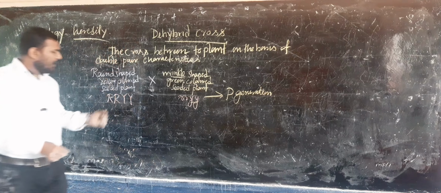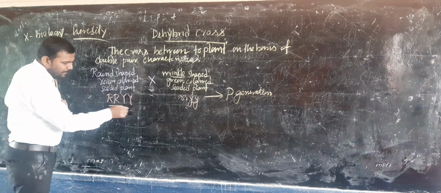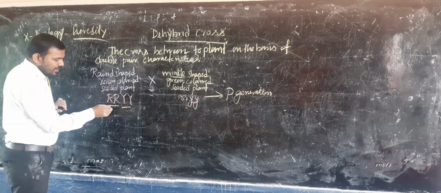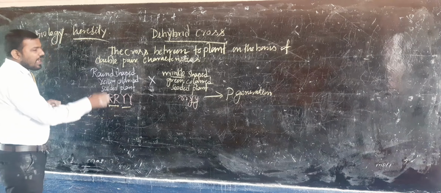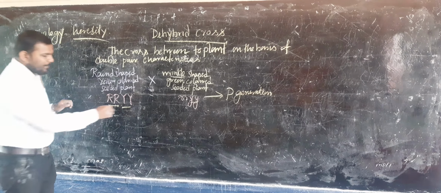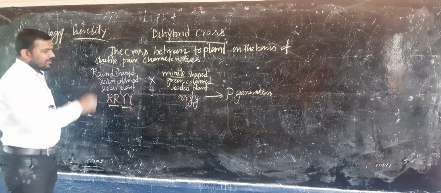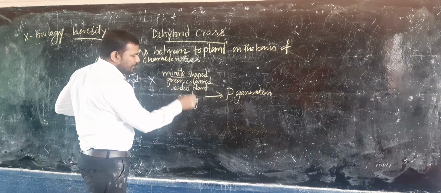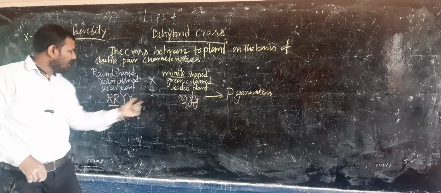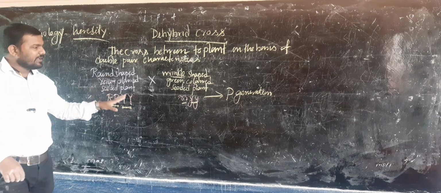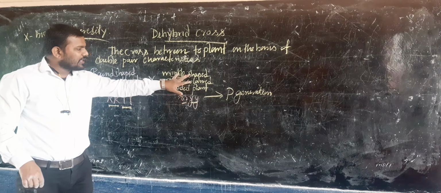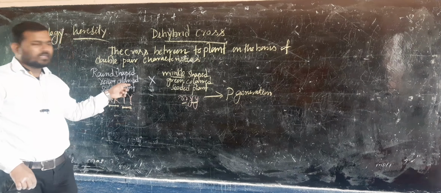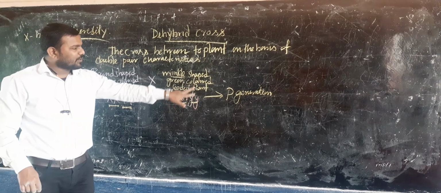Now each plant is formed by similar types of factors. Capital R for the round shape and capital Y for the yellow color, and in another plant small r for the wrinkled shape and small y for the green color.